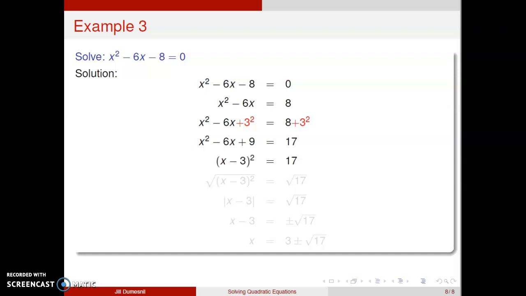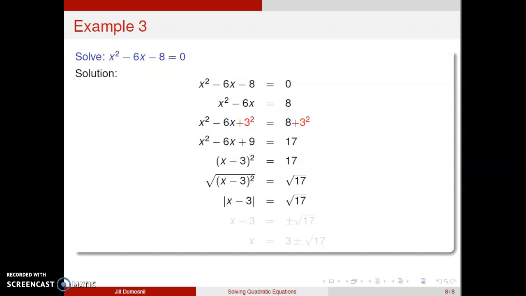The left-hand side is a perfect square trinomial, x minus 3 squared. Notice again that the number added to the x inside the parentheses is precisely what we squared before adding to both sides. Then we take the principal square root of both sides.